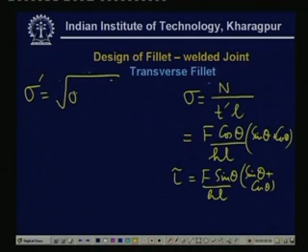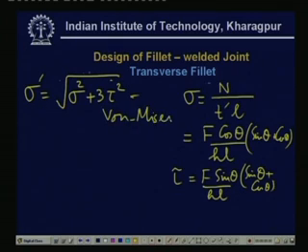The von Mises stress, the equivalent stress, is sigma square plus thrice tau square, under root. In the von Mises failure criteria, the equivalent shear stress is tau is 1 upon root 3 times that. We can have tau max as well.